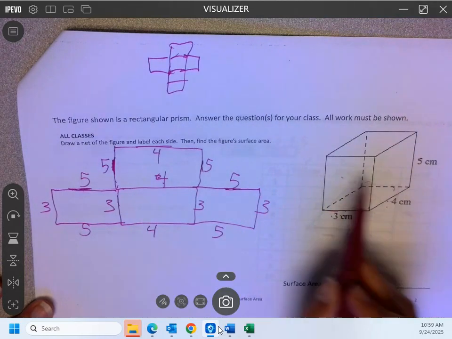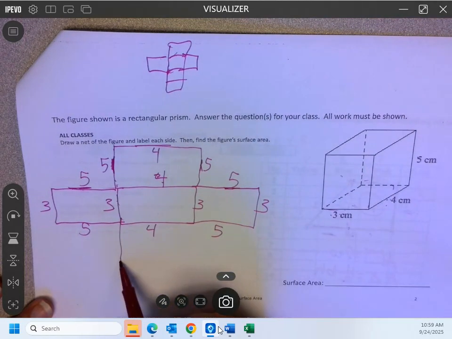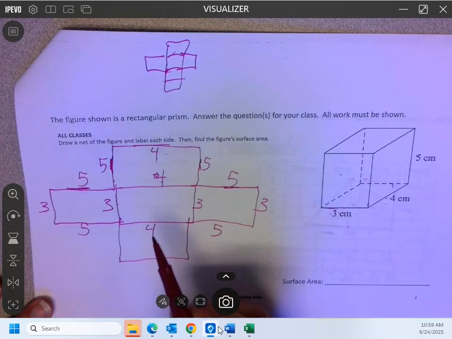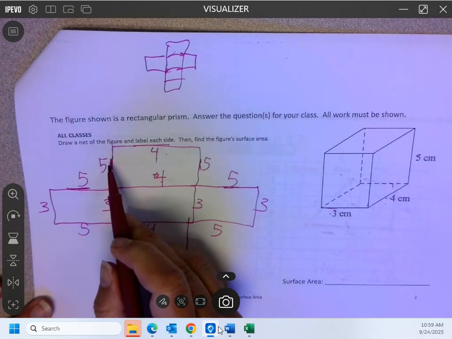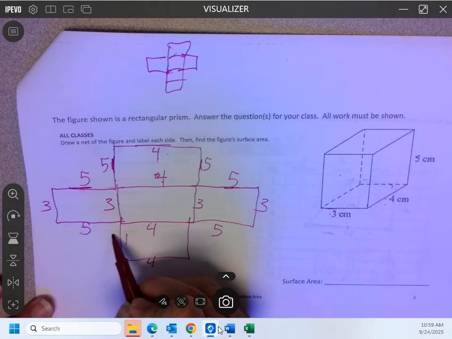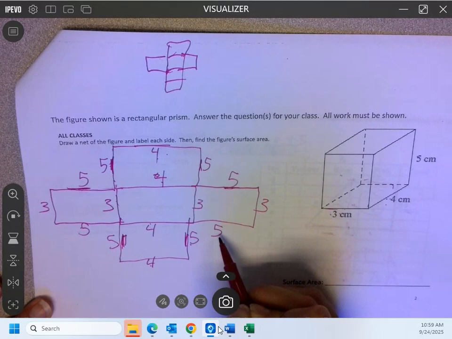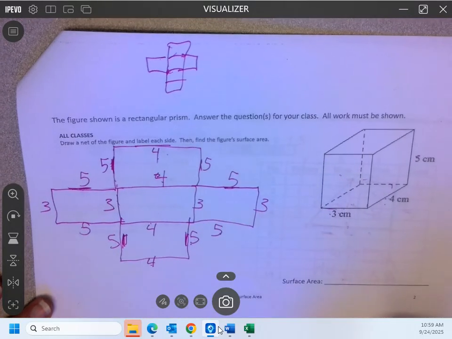Now I'm going to do the opposite side, and it's going to be the same as this. So I've got my 4s, and then my 5s match up with that 5, right? So 5 here and a 5 here, because the 5 matches up with the 5.